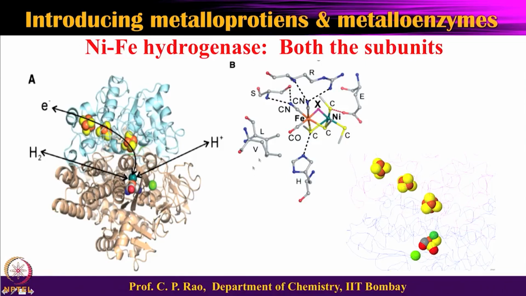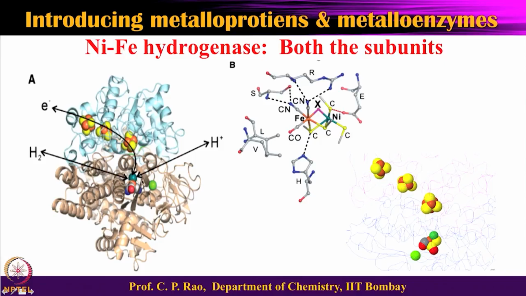You go this side, you will see that this cluster is nothing but an iron-nickel cluster. The iron-nickel cluster has ligands like cyanide and carbon monoxide on the iron side and the thiolate fragments on the nickel side, and these are all secondary interactions coming from the protein. This is the actual active center or catalytic center.